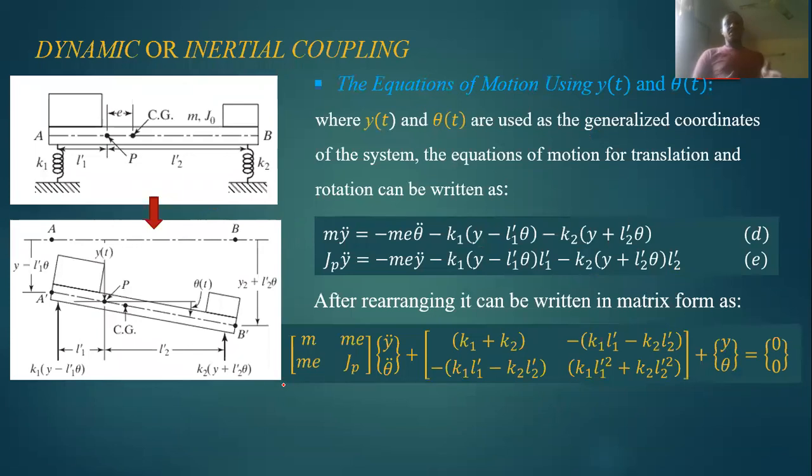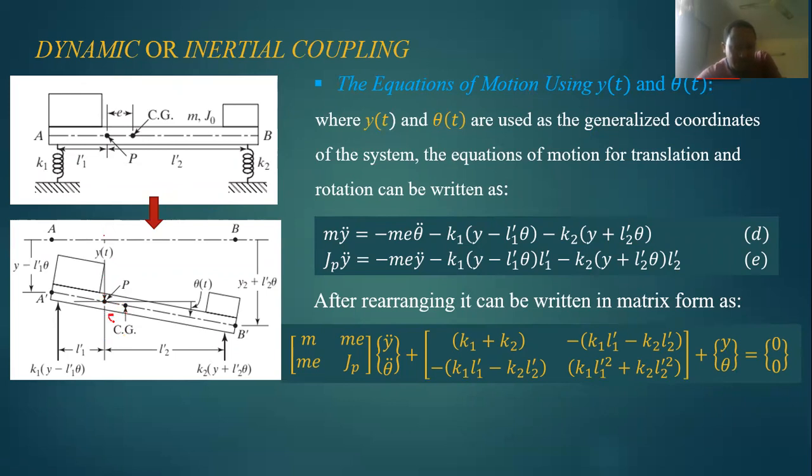What do we mean by dynamic or inertial coupling? In this case, let's see the equation of motion using y of t and theta of t. What is that y of t? We have y of t from here to here. Our CG is here, but in a shifted position, at some eccentric distance e from here.